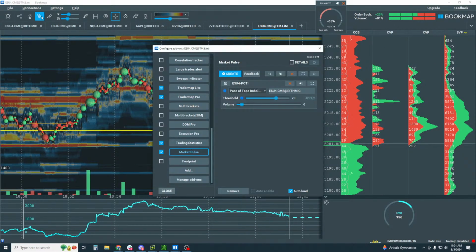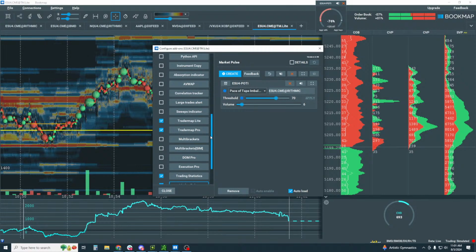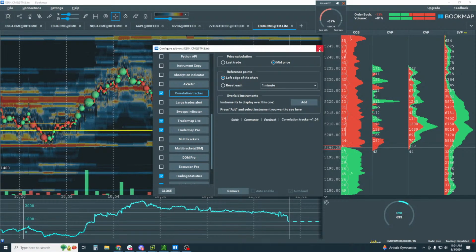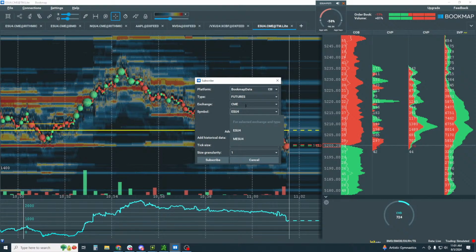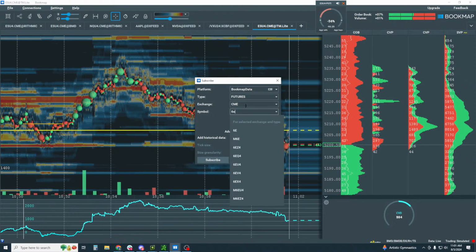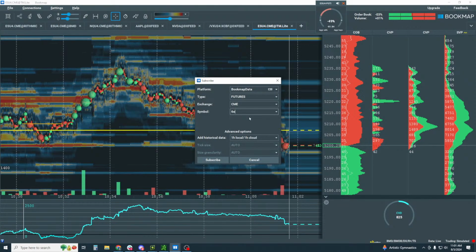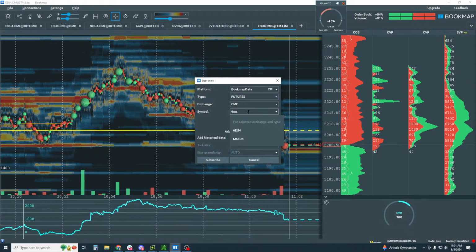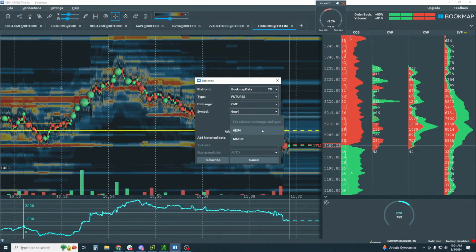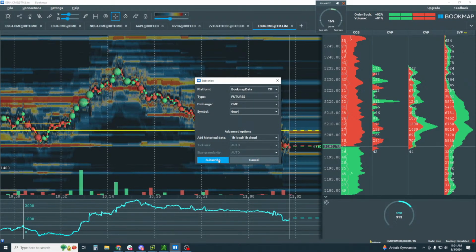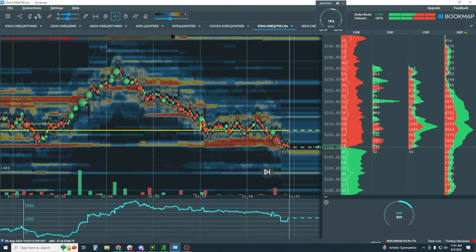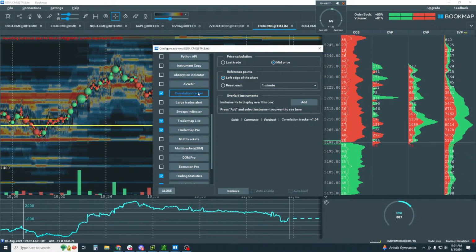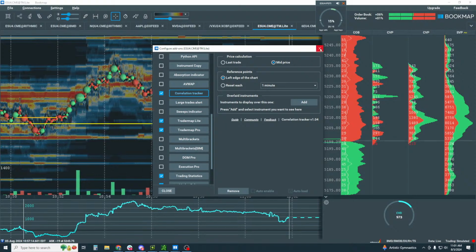Another thing we can do, we can put the correlation tracker on here. Oh, I need to add, hold on, to add the 6E. Let's do that. I do not have the dollar index, so then we can add in our correlation tracker here on the ES.